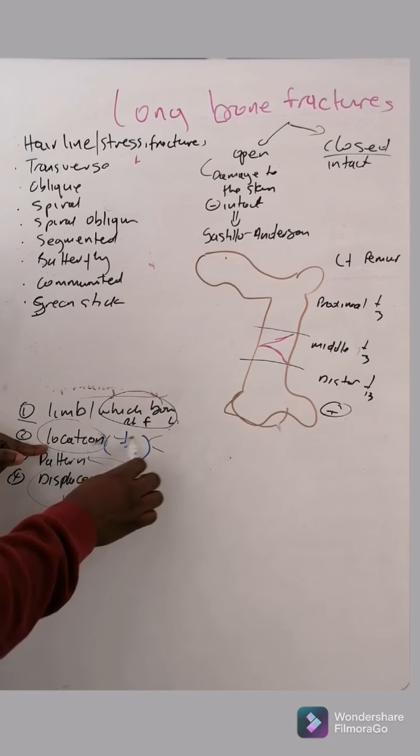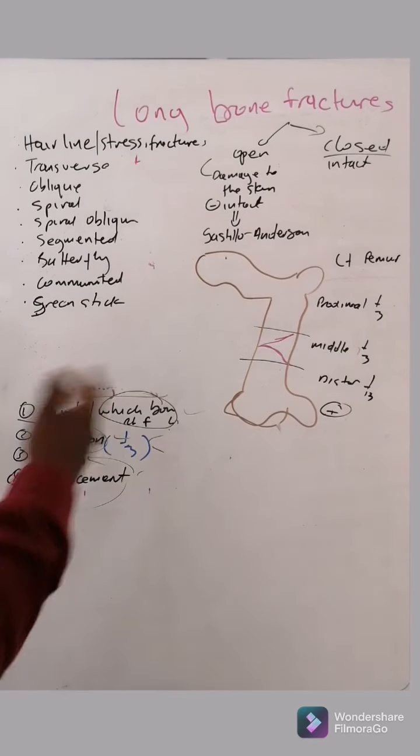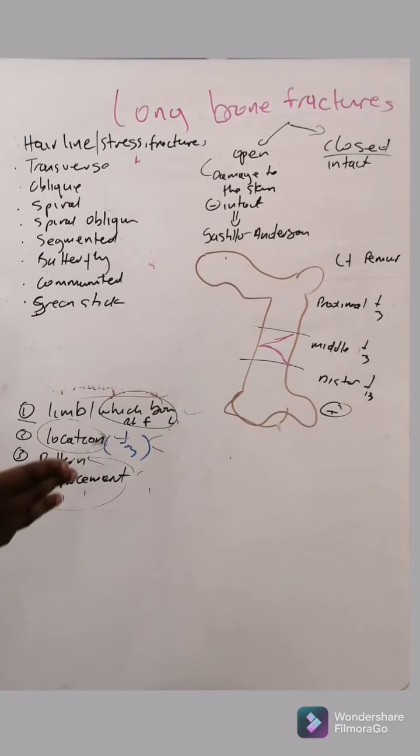I've spoken about the location in the left femur. And then I can speak about displacement, that it is not displaced. So I've given the doctor all the information to decide what to do with this fracture. But these fractures don't need to be operated on. They can be immobilized, and then the patient will be fine.